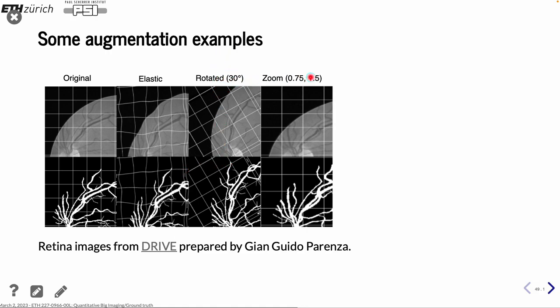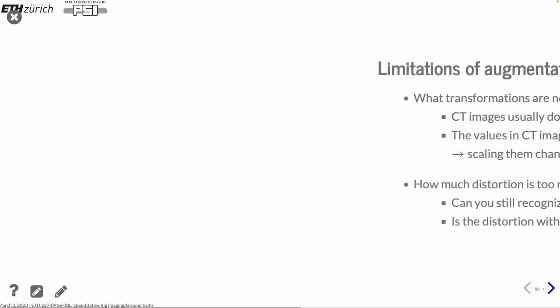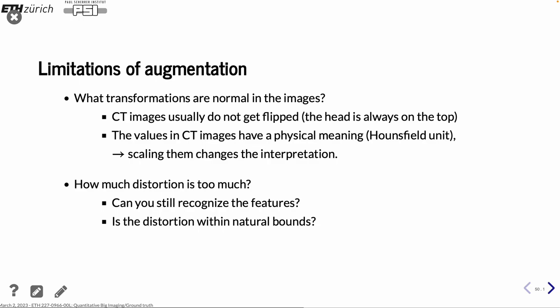Rotation by 30 degrees or zooming a bit in different directions. And this was part of a master project by a student of mine. Actually, the target was to look at root structures, but the retina images were good data, so I used that instead.